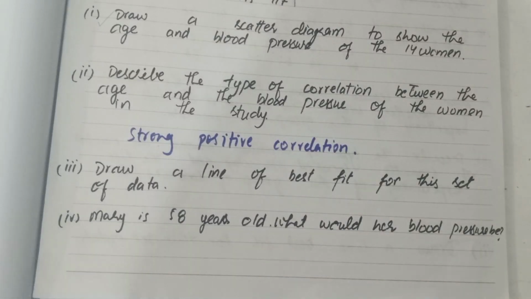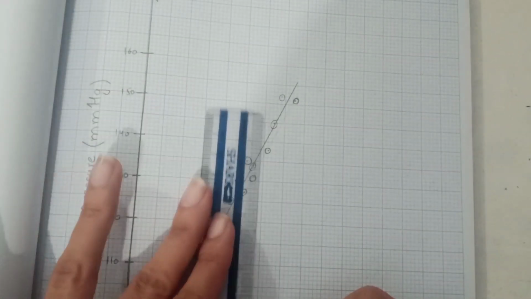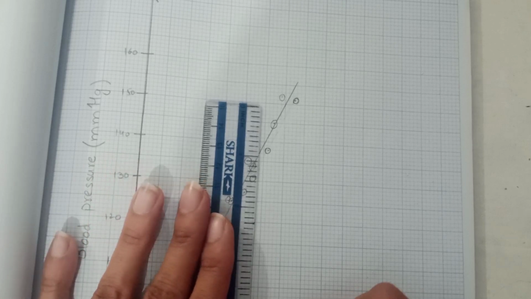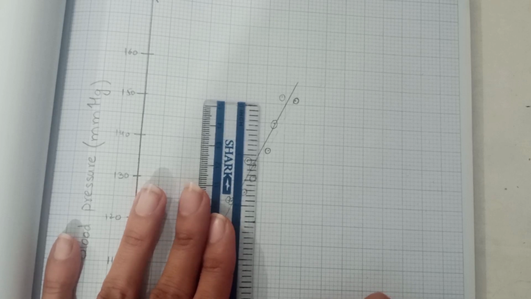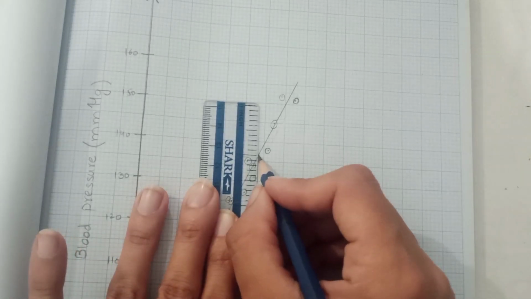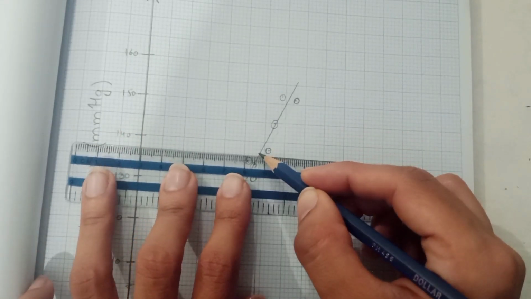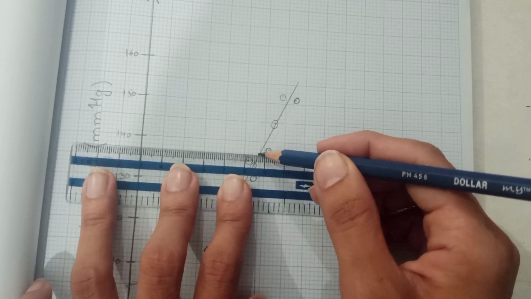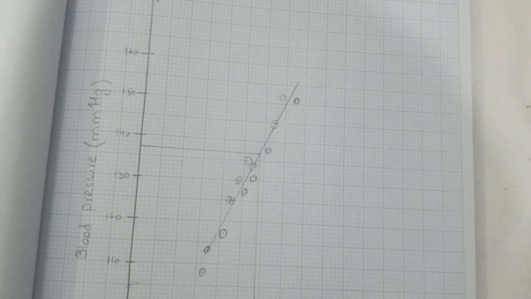In part number 4, Mary is 58 years old. What would be her blood pressure? Now we can find it from the graph, and this is 58, and we see that is 58 years old. Mary is 58 years old.